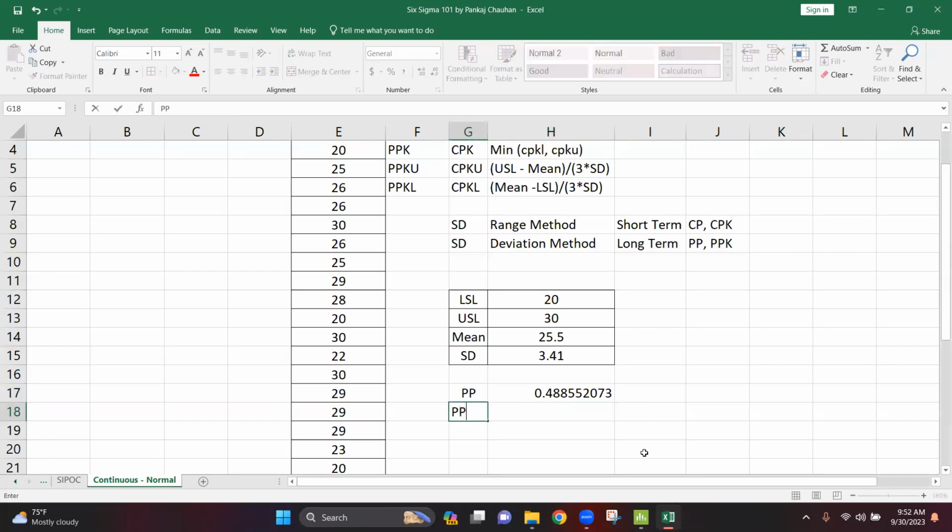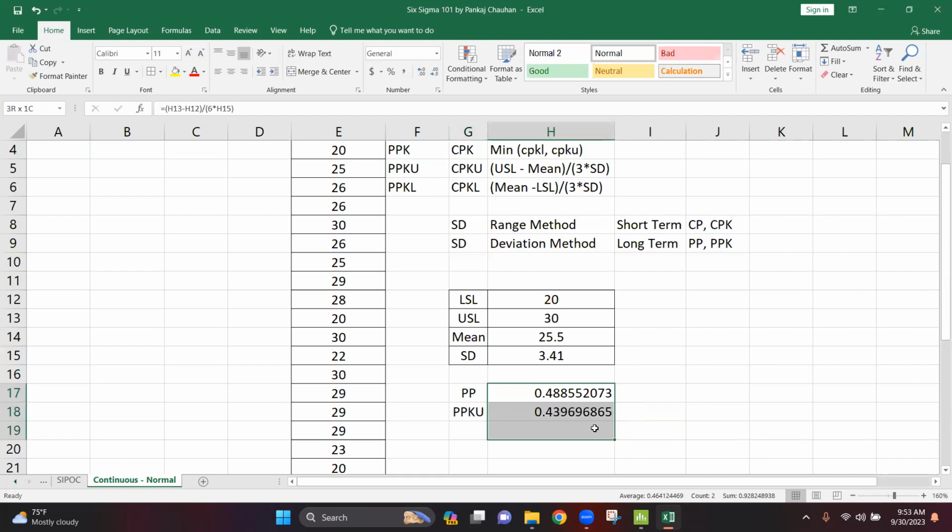Now PPKU will be USL, which is 30, minus the average value of 25.5, divided by 3 times the standard deviation, which is 3 into 3.41. So PPKU is 0.43.